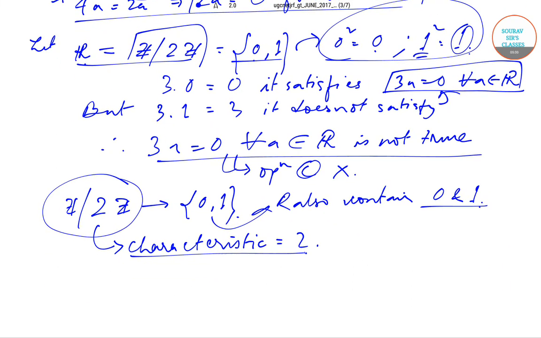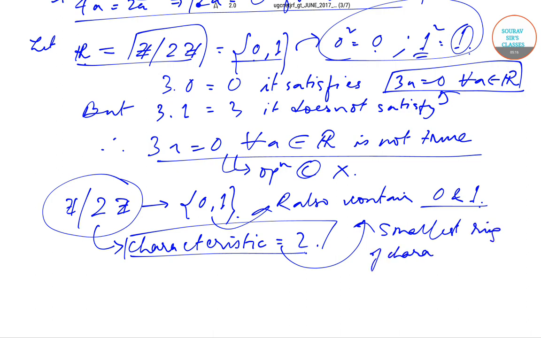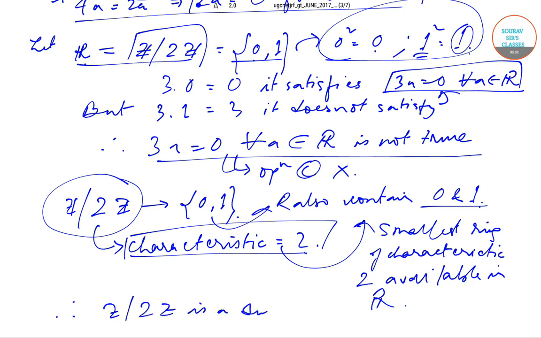So we can say that this is the smallest subring, the smallest ring of characteristic 2 which is available in R. So this is the case, then we can definitely say that Z by 2Z is a subring of R. So if Z by 2Z is a subring, then we can say that option D is correct.